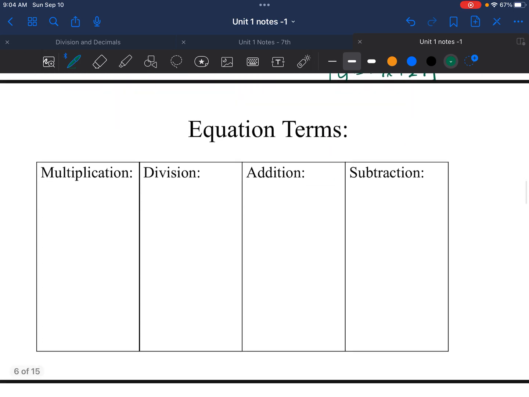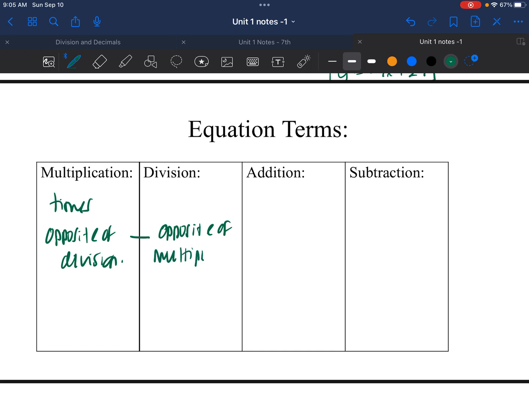So now we're going to talk about the different terms that we use in our expressions. Multiplication, we can talk about it in times. It's the opposite of division, and similarly, division is the opposite of multiplication. Sometimes addition is thought of as add, or and.